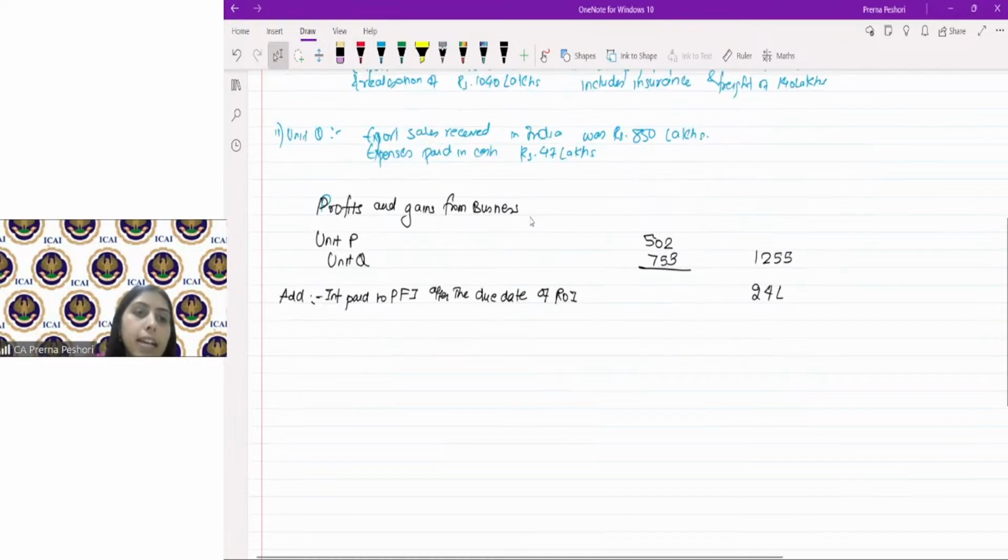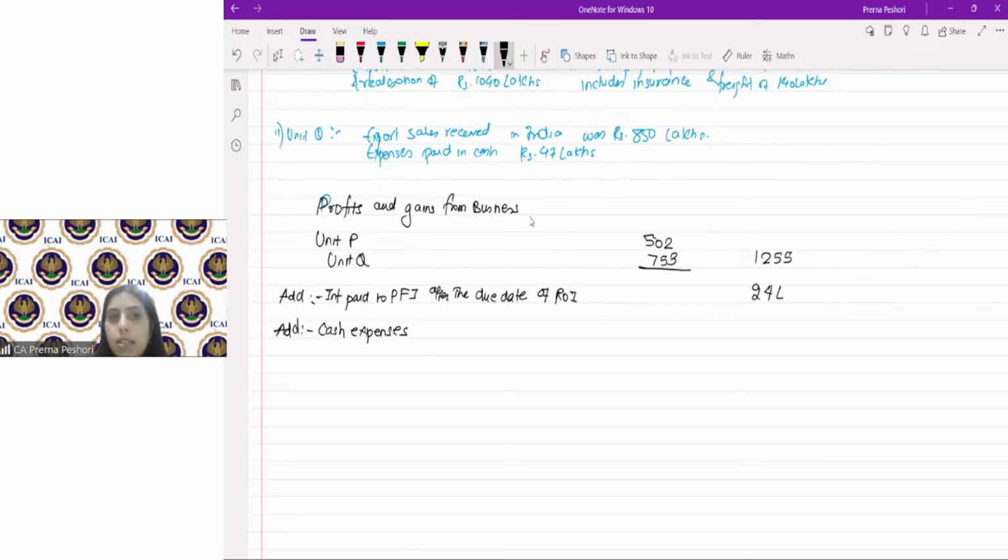Expenses paid in cash will get disallowed. Add cash expenses, disallowed under section 40A(3). How much? 47 lakhs. Is that clear? So we'll add this up. There are no other additions or disallowances, so total income comes to 1326.